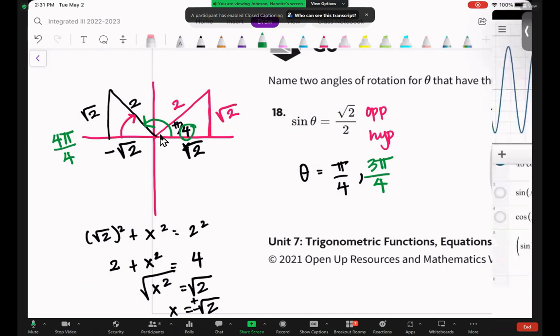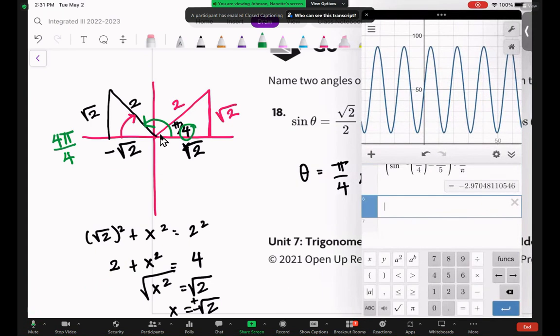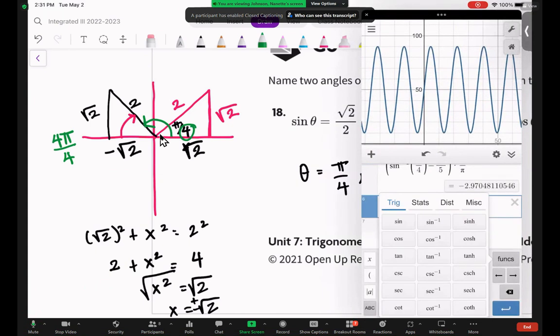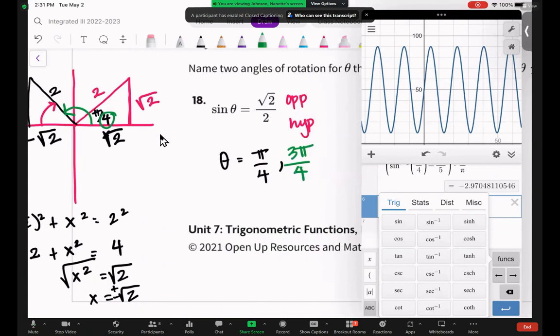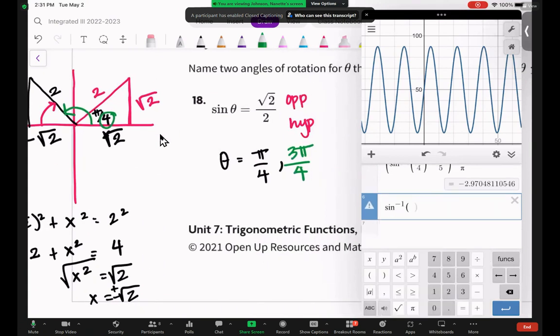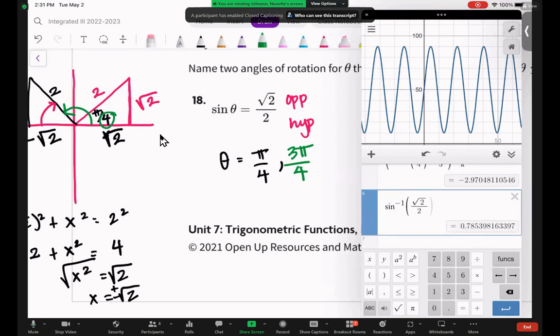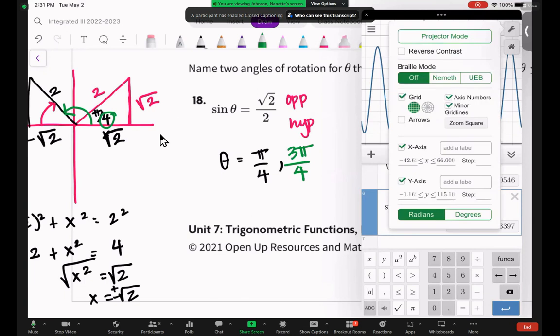Here's the funny thing: if you go to your calculator and imagine you take sine inverse of both sides, and you say, oh, I need the sine inverse of the square root of 2 over 2, it only gives you one answer. Now, if you're in degree land, maybe that'll help you remember.